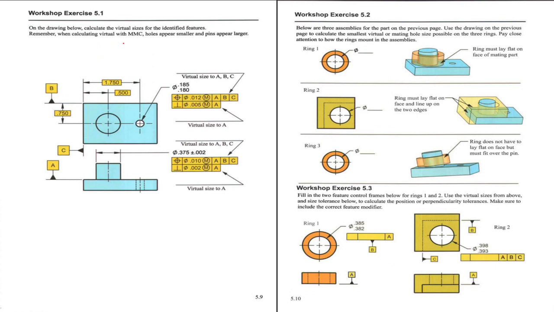Then here in this exercise, we have to calculate the virtual size of this hole and this pin at MMC. So for this hole, the virtual size would be 0.180, and for the positioning tolerance with MMC, we would subtract this one.